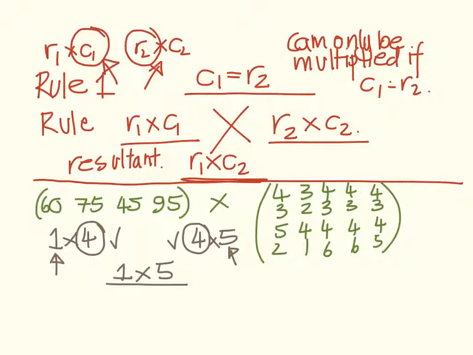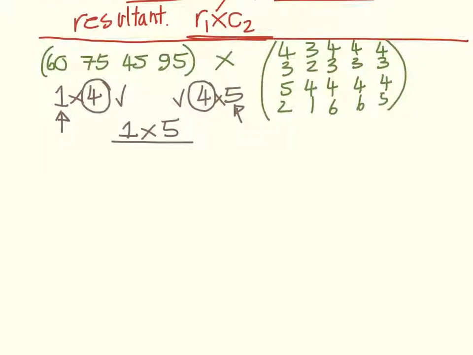So we'll just move up here. The actual multiplication goes like this. We have 60 multiplied by 4 plus 75 multiplied by 3, 45 multiplied by 5, 95 multiplied by 2.